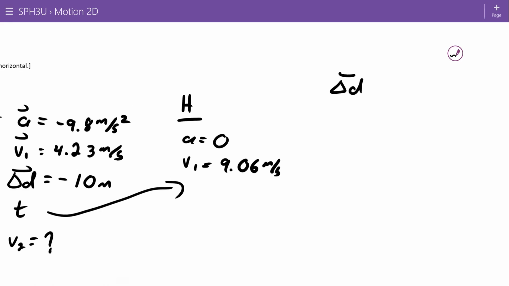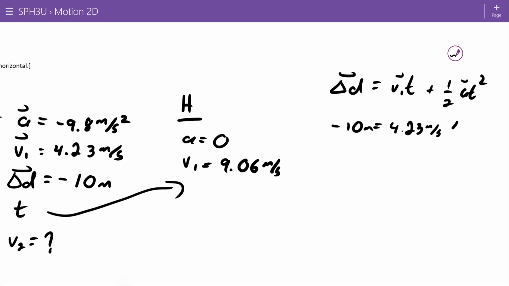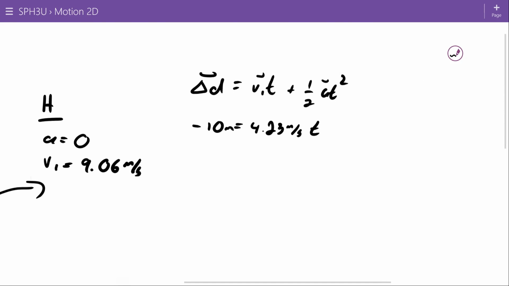Delta D equals V1T plus 1/2 AT squared. Negative 10 equals 4.23 T plus 1/2, my acceleration is negative 9.8 meters per second squared, T squared.